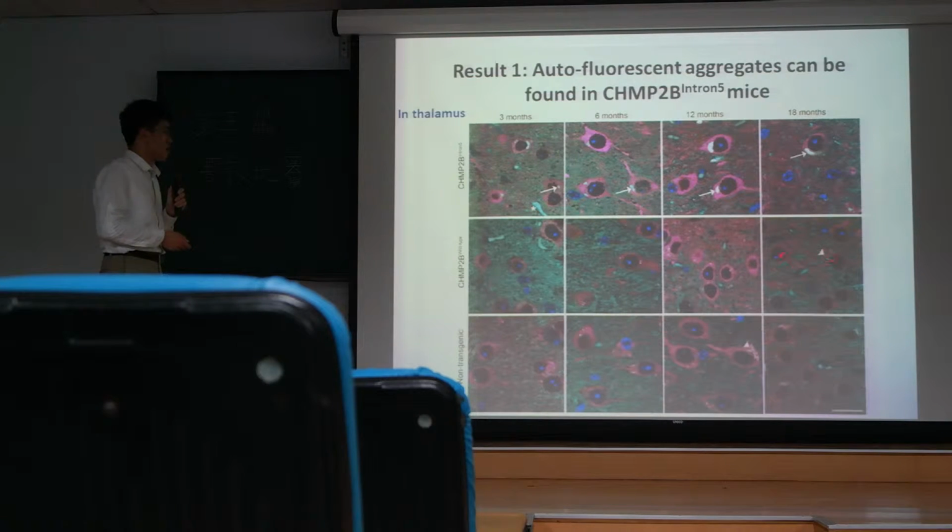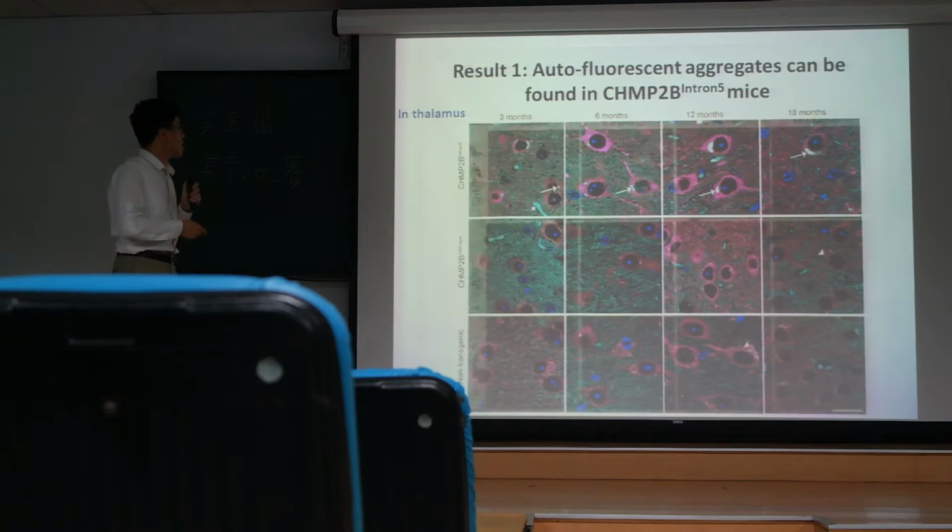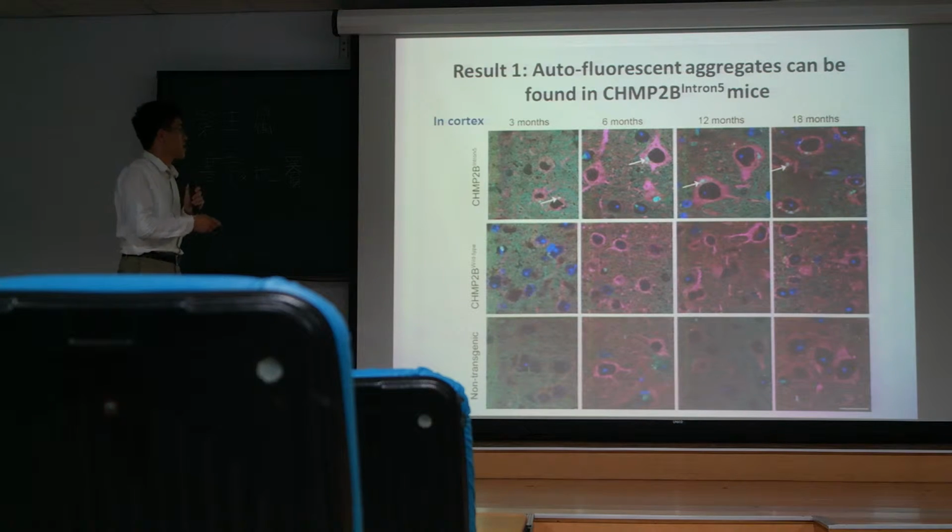And a small arrow indicates lipofuscin, which is lighter and dot-like. Not only in the thalamus, but also in the cortex, the same trends are shown. In the truncated mutant form, here are the autofluorescent aggregates, but in the CHMP2B wild-type transgenic mice, there is just lipofuscin.